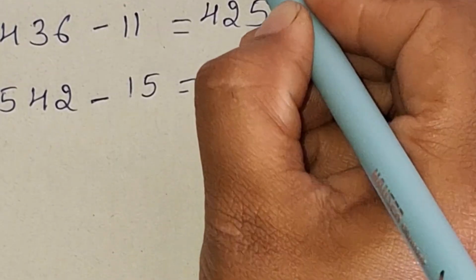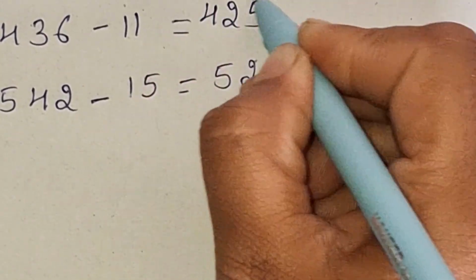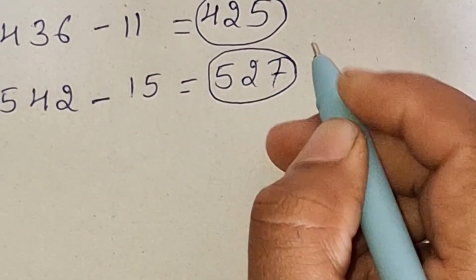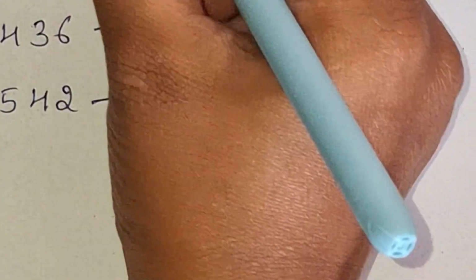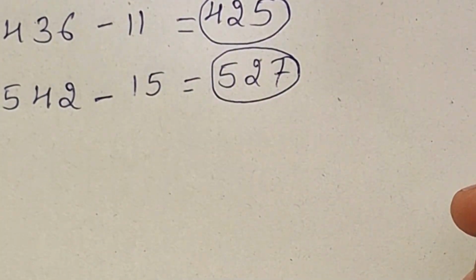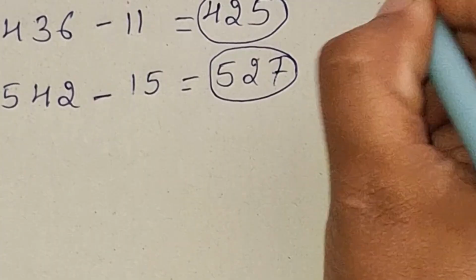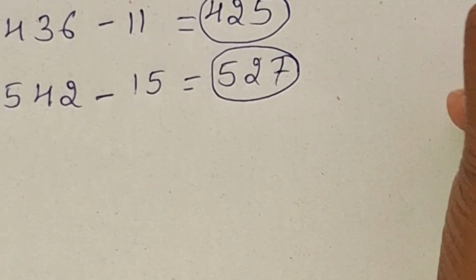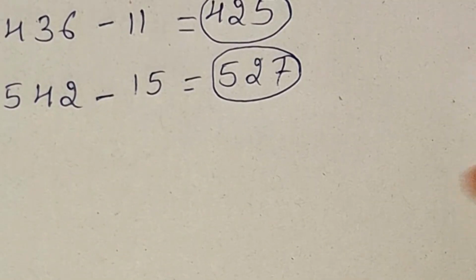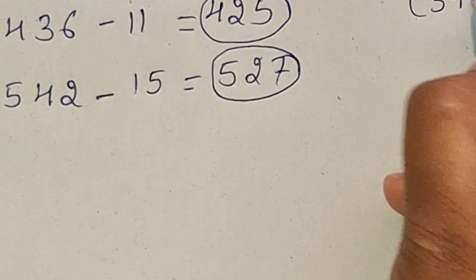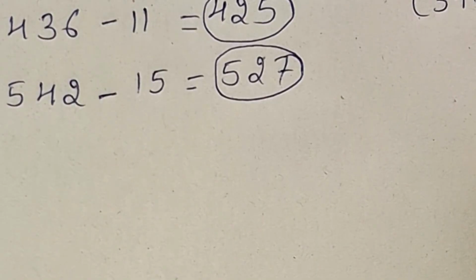Then we can find the prime factors of these three numbers. Because the question says find the largest number. How do we find the largest number? By finding the HCF of these three numbers: HCF of 391, 425 and 527.